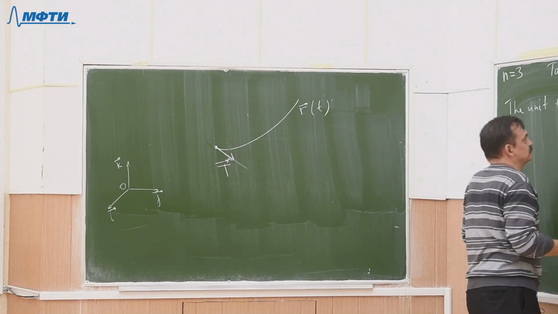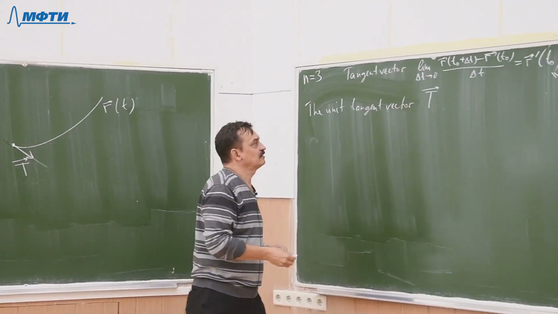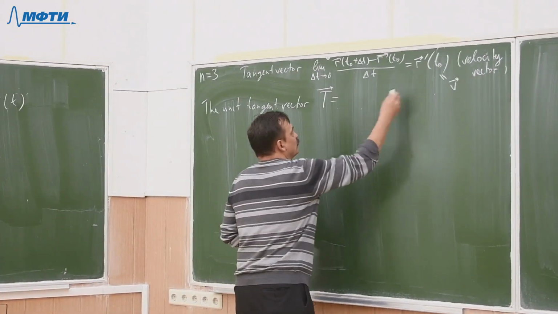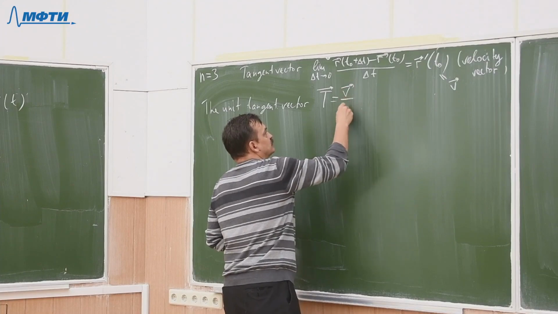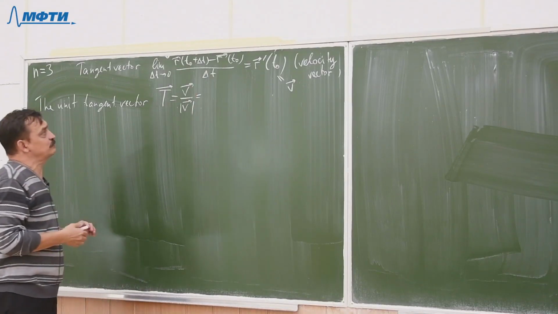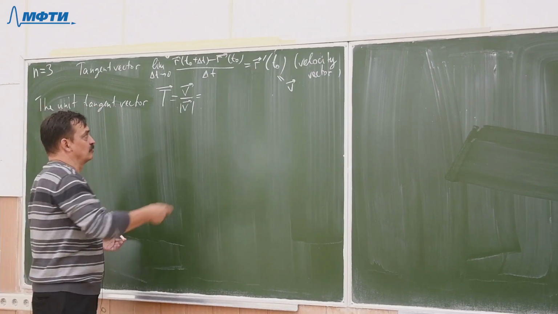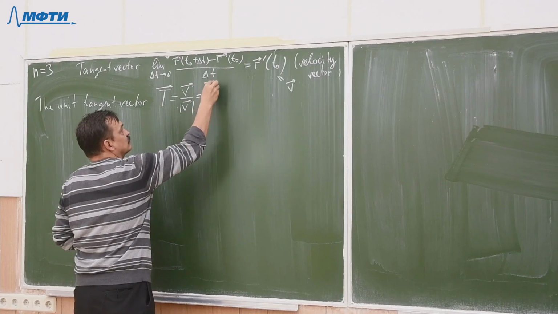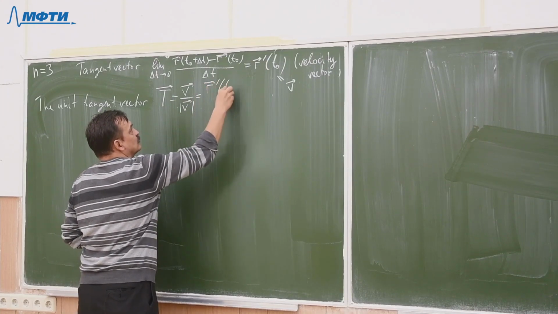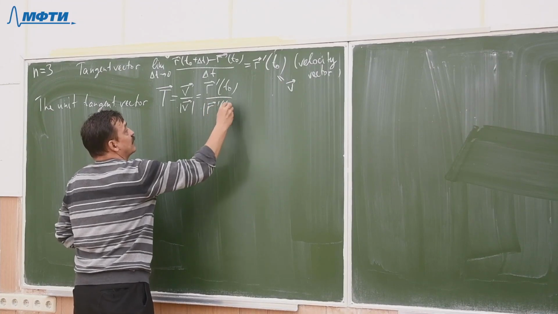So what is it? We denote it by T, and in terms of our v, we can divide by the length. For an arbitrary smooth curve, as we know, this derivative is not 0, so we have no problem computing this vector of unit length.